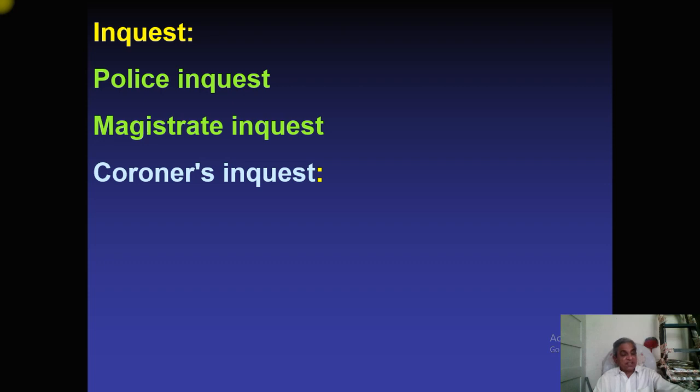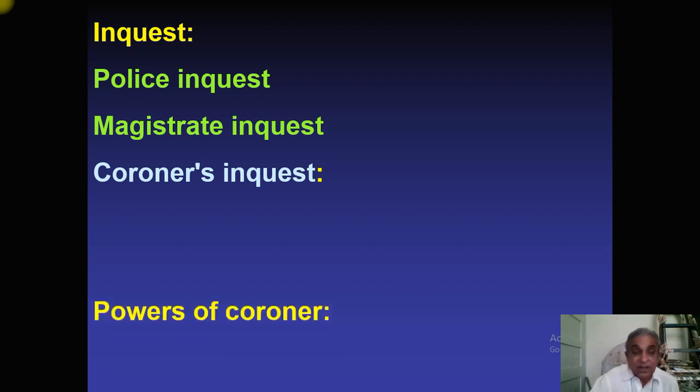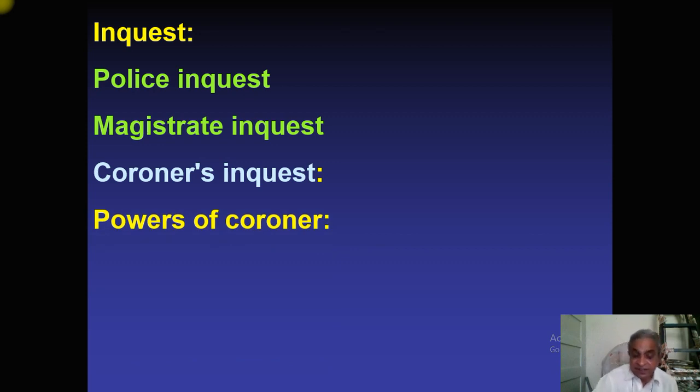Coroner is a person appointed by the government to conduct the inquiry into sudden and suspicious deaths. So the coroner is either a first class magistrate or any lawyer may be appointed as coroner, called the coroner's court.